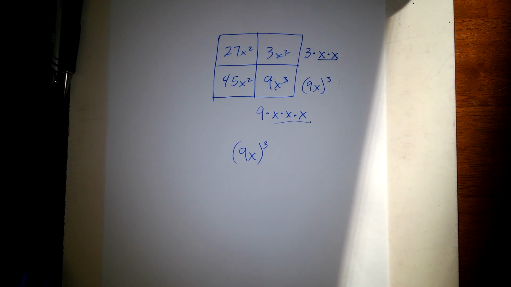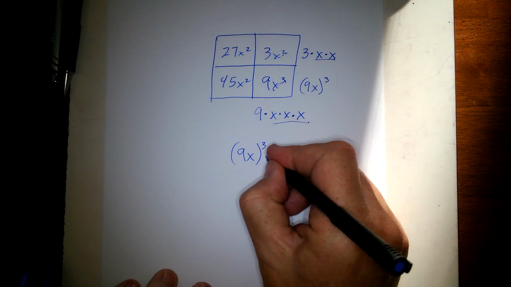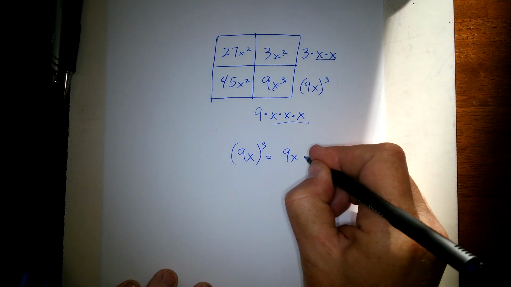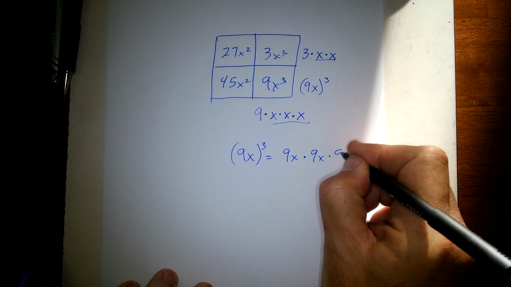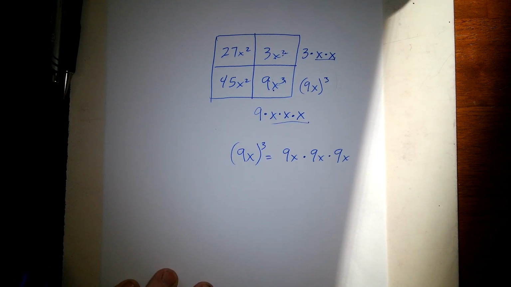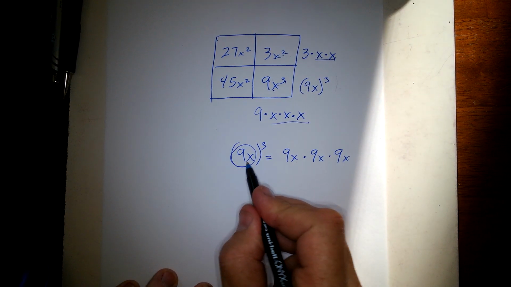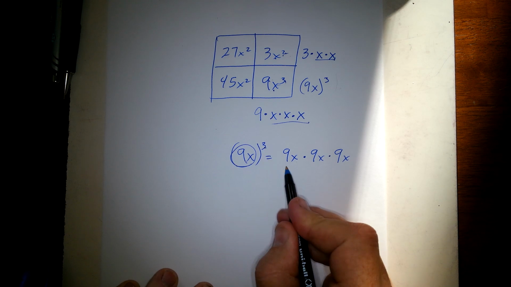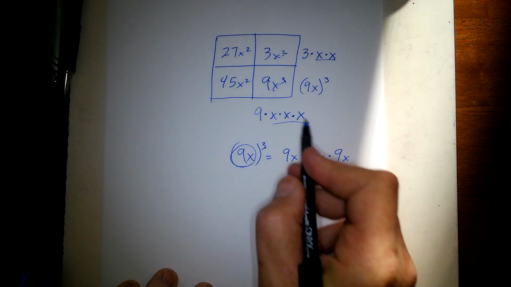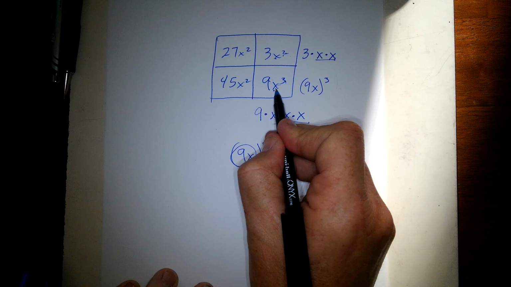You have to put it in parentheses to show that you're cubing, or to the third power, everything inside the parentheses. That would look like this. You're taking the base, whatever it is, and multiplying it by itself 3 different times. That's not what it's saying up here.